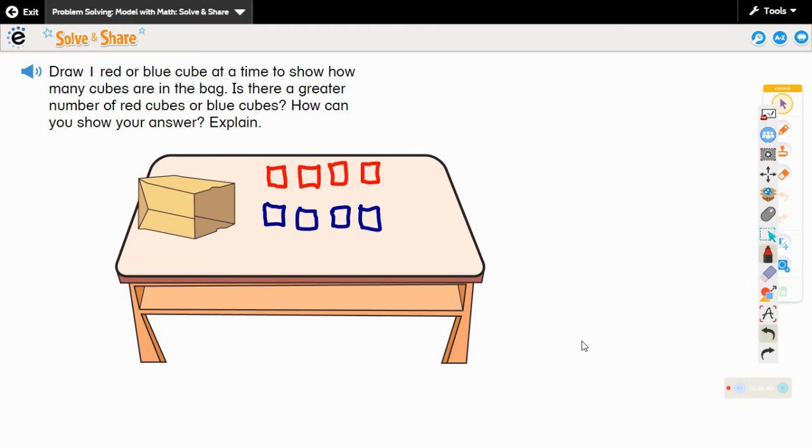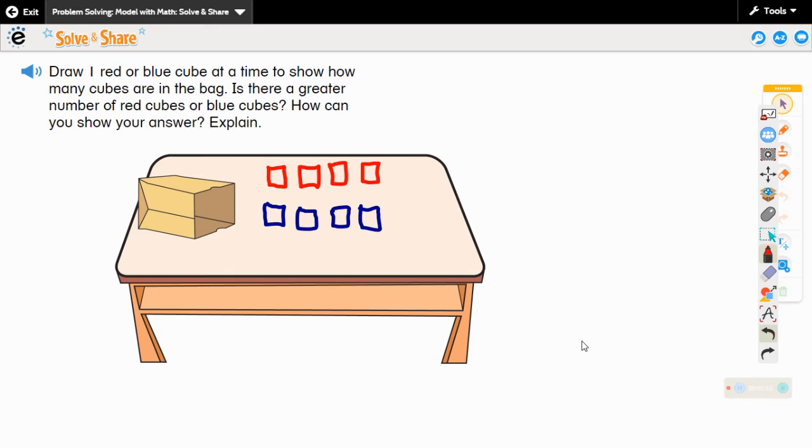Do we have a greater number of red squares or a greater number of blue squares? How many red squares do we have? 1, 2, 3, 4 red squares. Now, how many blue squares do we have? 1, 2, 3, 4 blue squares. We have 4 red and 4 blue. We have the same number of each one.